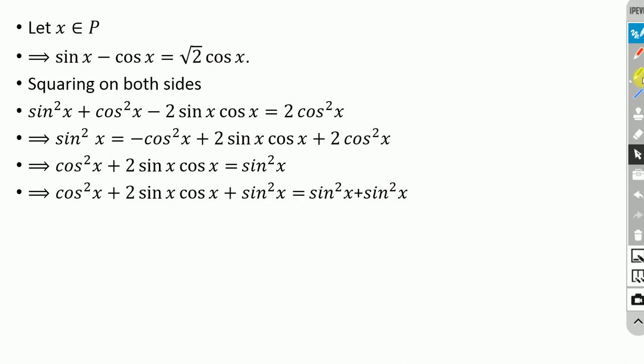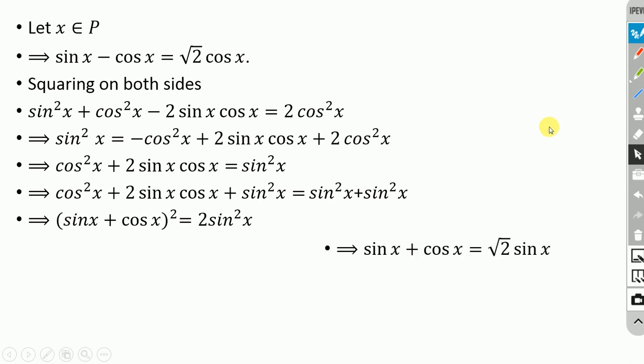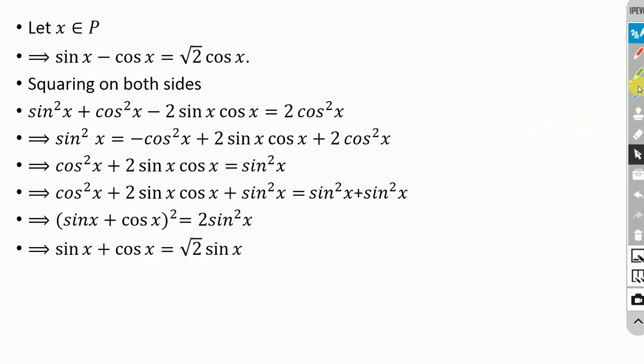Therefore, we get cos square x plus 2 sin x cos x plus sin square x, and on the right hand side also plus sin square x. The right hand side becomes 2 sin square x, and the left hand side is sin x plus cos x whole square. Therefore, sin x plus cos x whole square is equal to 2 sin square x. Taking square root on both sides, we get sin x plus cos x is equal to root 2 sin x.